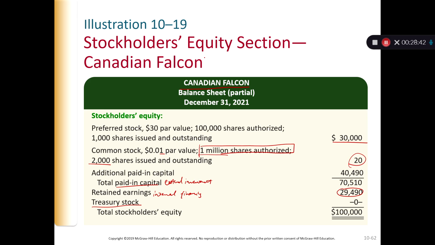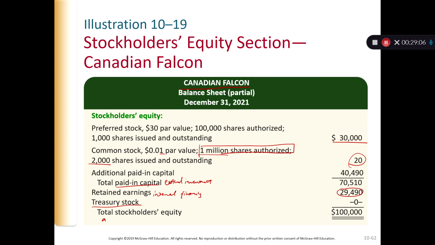But before that, I want to say that the stockholders' equity section of the balance sheet, like the one we just examined in NVIDIA, shows the balance of each equity account, right? So this is the preferred stock account, common stock account, additional paid-in capital account, retained earnings account, treasury stock account, and total stockholders' equity account.